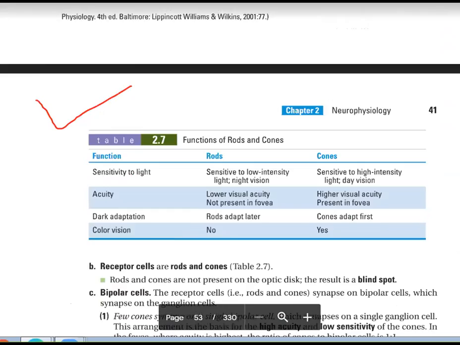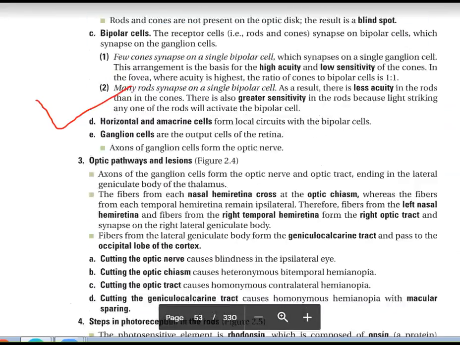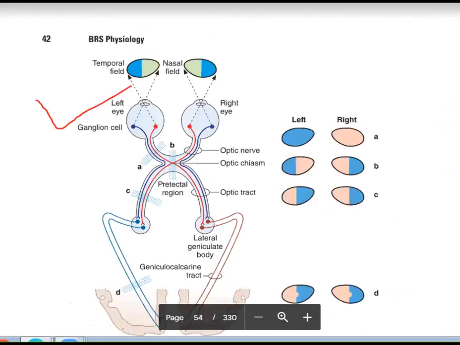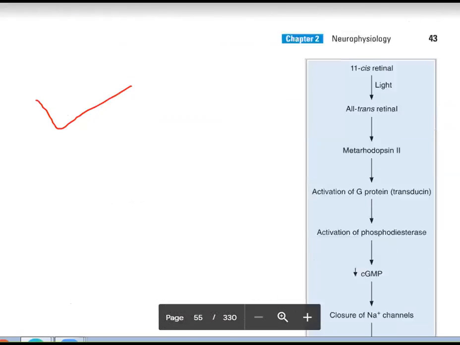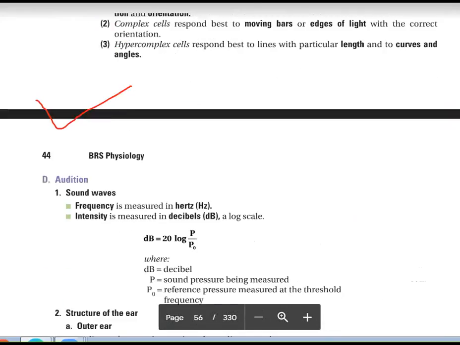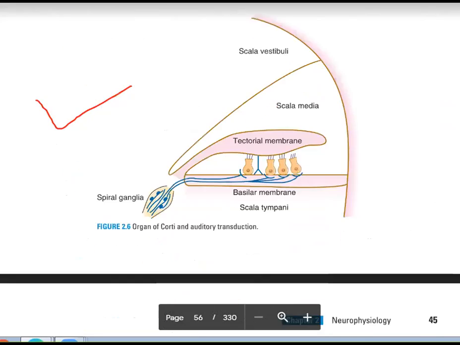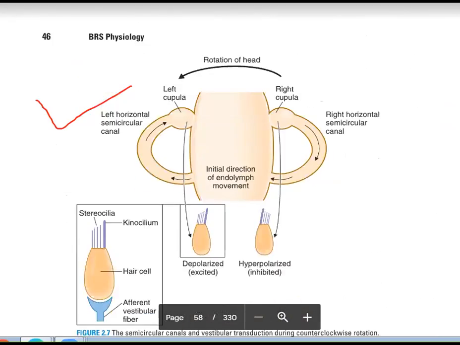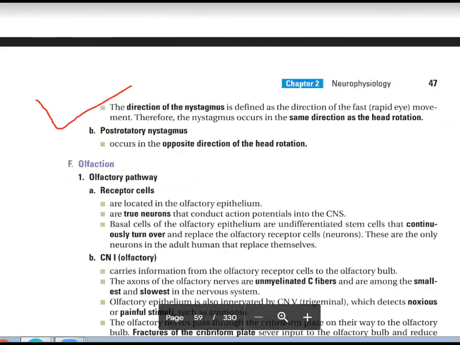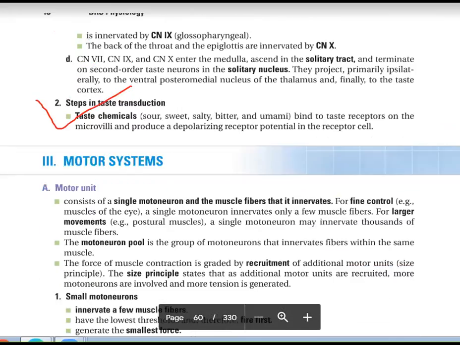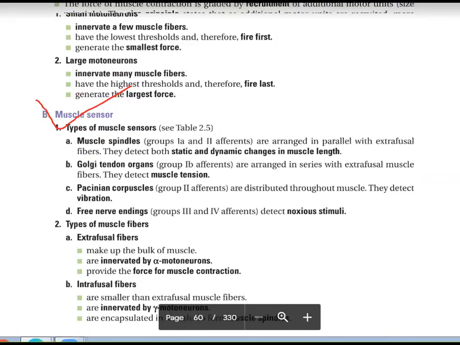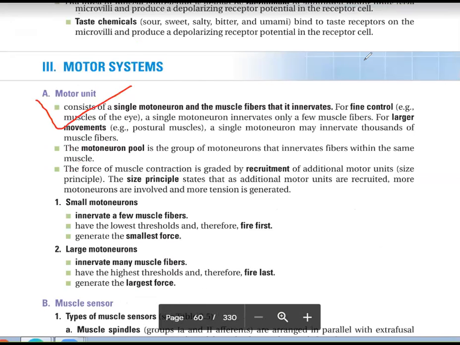It's a long way to go still. We have a whole lot of sensory system, then a whole lot of motor system. But don't worry, we will be studying from the book completely. So just take the classes every day. That's all I can say.